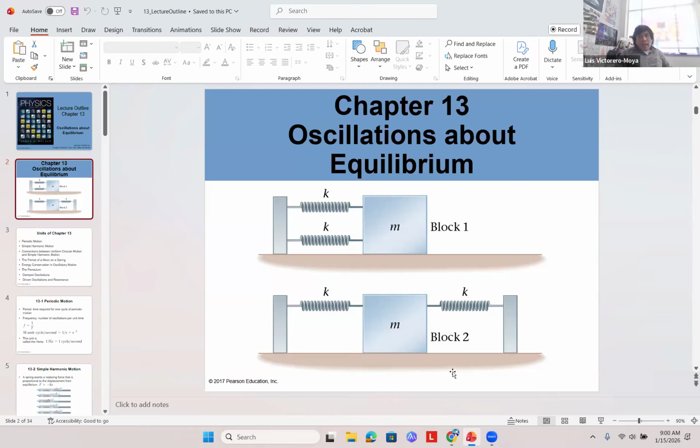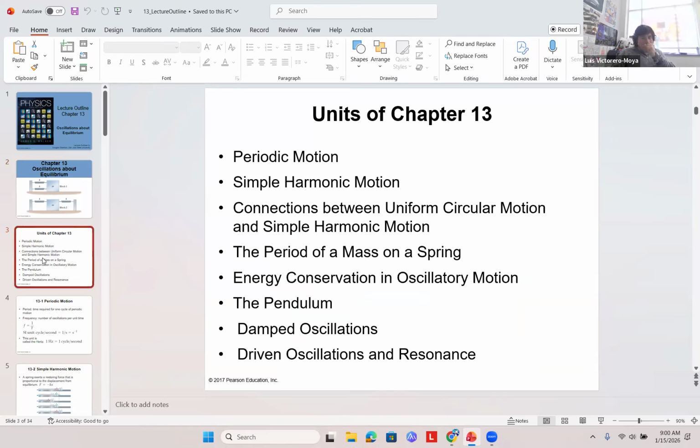K is in newtons per meter, x can be measured in centimeters, but you always have to write x in meters, okay? The negative kx is basically the restoring force, and that's why you can have a periodic motion. So that's the main idea of this lecture.